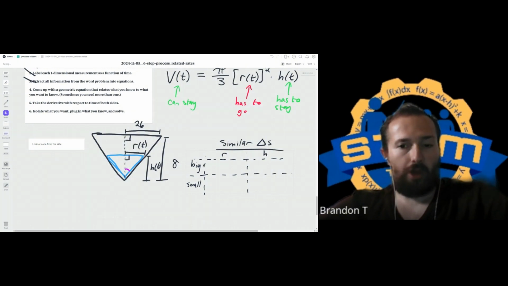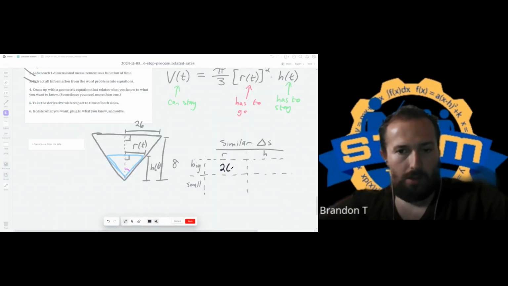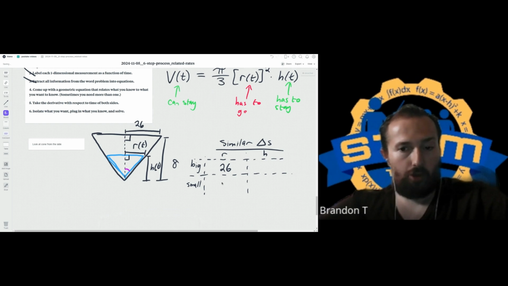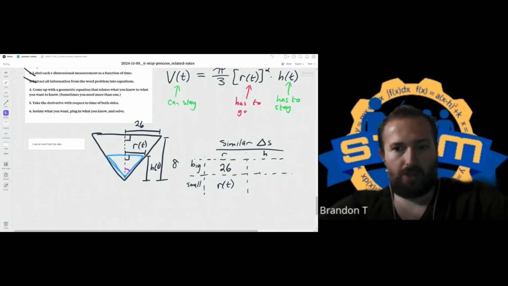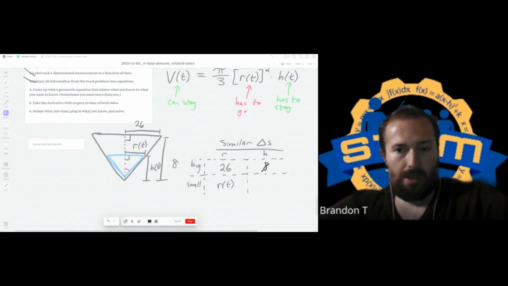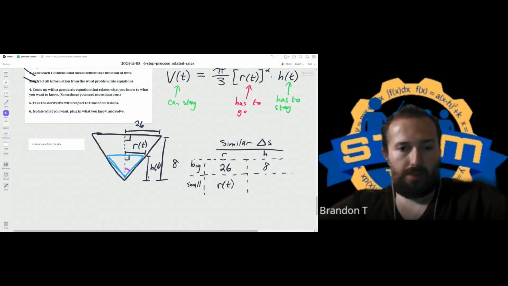So on the big triangle, what is big R? The radius of the big triangle is 26. What is R of the small triangle? R of T, that's the function that changes over time. And what is H on the big triangle? Well, that's 8. And what is H on the small triangle?